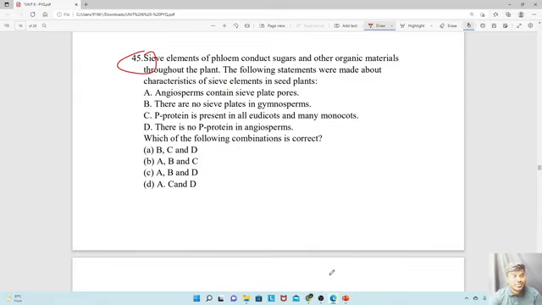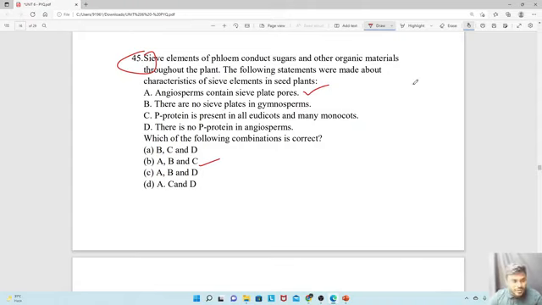What will be the answer for question number 45? Okay, question number 45. The answer will be B. It is not D, friends. Angiosperms contain sieve plates, and there are no sieve plates in the gymnosperms.